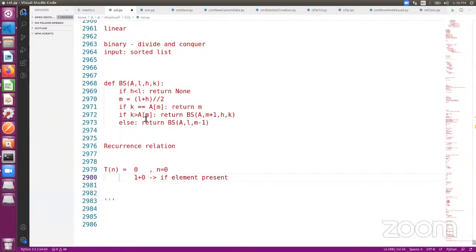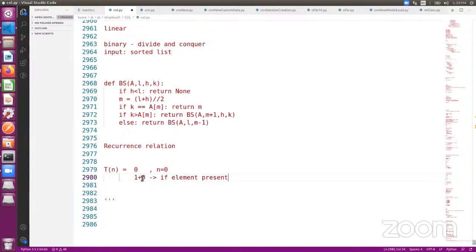Whether it goes to the right or left doesn't matter, because on both sides there are no elements. I repeat, if there is only one element and it is not equal to the key, either it goes left or right. There, 0 elements are present, and we know for 0 elements the time is 0.